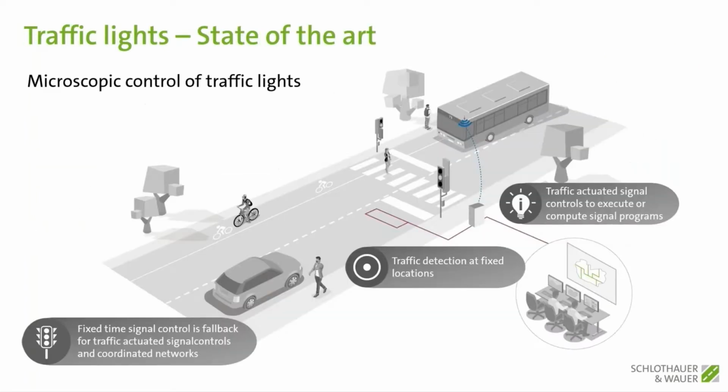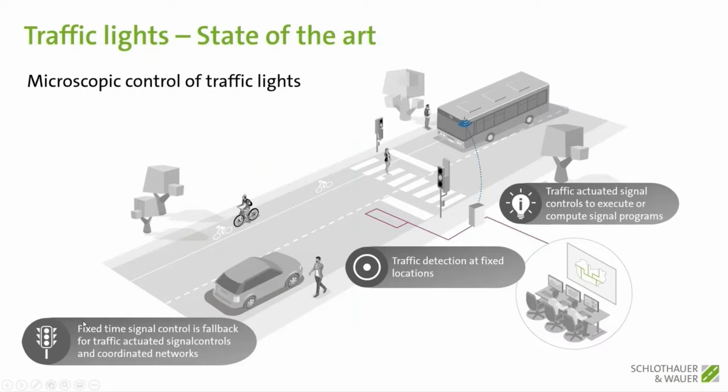So, traffic lights and traffic lights state of the art. From a LISA perspective, when we implement an intersection, we first have a fundament, which is most of the time a fixed time signal control. This is just a fallback, which can be more dynamic with traffic actuated influences in it.